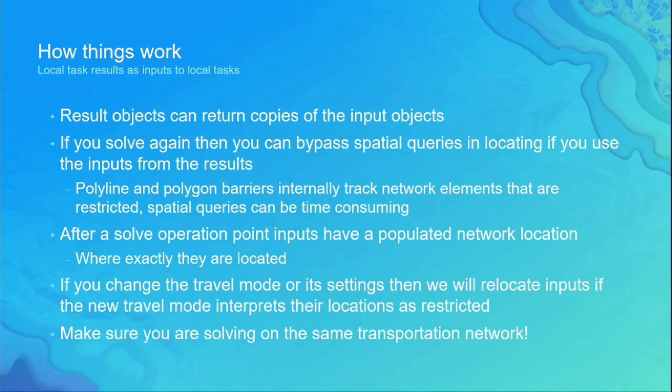So you don't have to worry: if I toggle some of the settings of my network or change the parameters of my problem, can I reuse my inputs? Yes, you can. The only thing you do need to worry about is making sure you're solving on the same transportation network. So don't swap stops that are result objects between transportation networks, because those network location fields can produce erratic results.